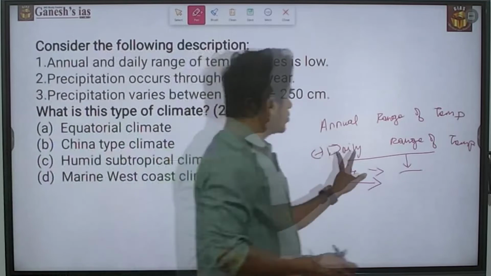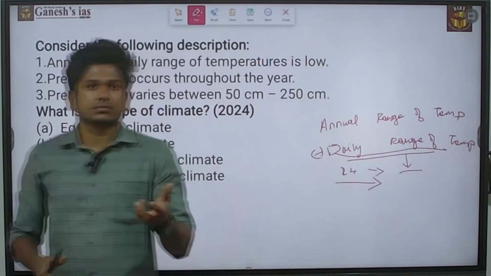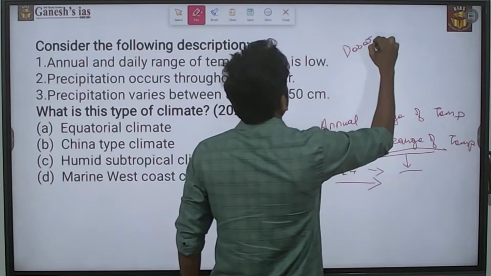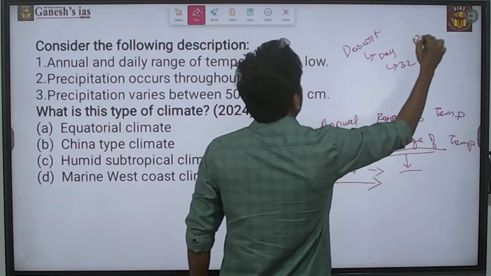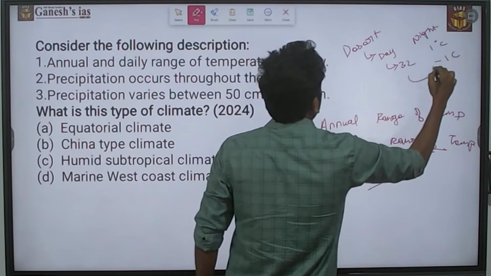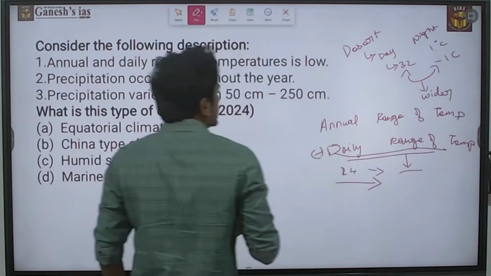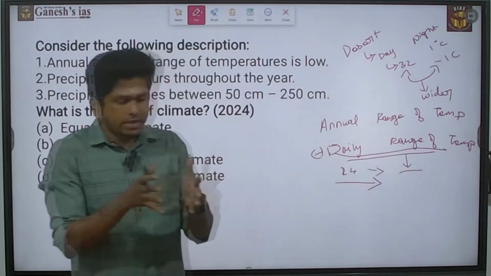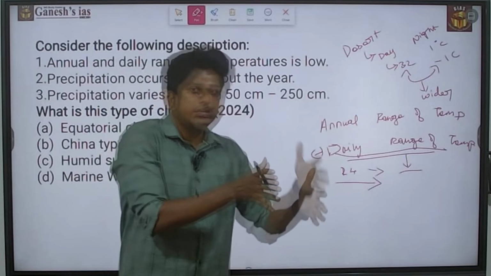So when you calculate the daily range of temperature, there won't be much difference. But in the desert climate, the day temperature will be around 32 and the night temperature will be around 1 degree Celsius or minus 1 degree Celsius. So the difference is wider. This is called the daily range of temperature. It is measuring the difference between the daytime and the night time.